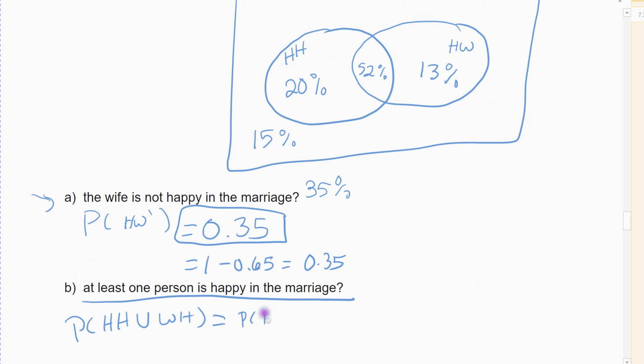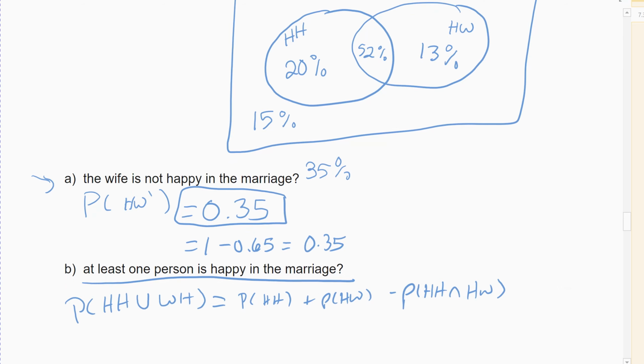You'd have to do probability of happy husbands plus probability of happy wives minus probability happy husbands and happy wives, which again is fine. Or with the Venn, you could just add up these three cases, which adds up to 85%, which as a decimal is 0.85. Either way, it should get you to the right answer.